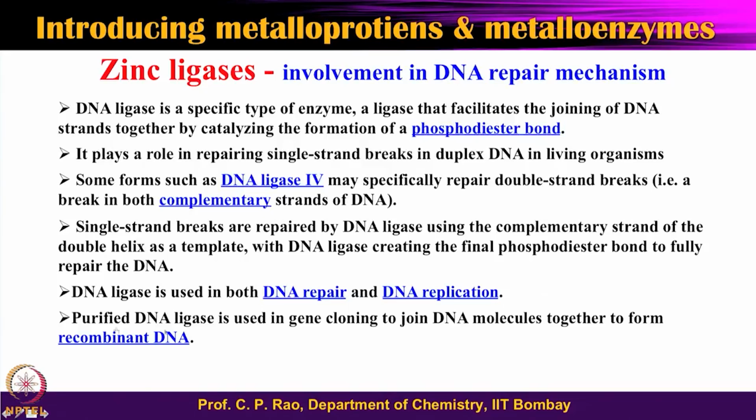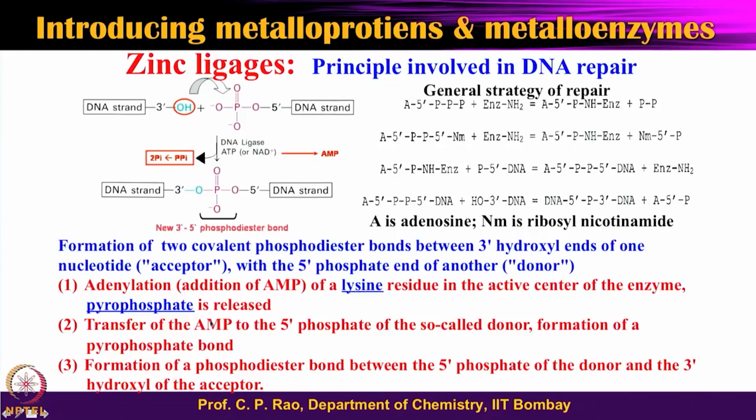One other system used in DNA binding I will show you later on, called zinc fingers, which I will show you in a while. The purified DNA ligase is used in gene cloning to join DNA molecules together to form a recombinant DNA also. So, it is absolutely involved in that.